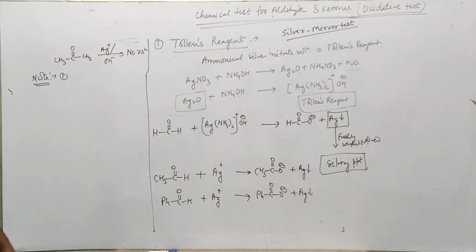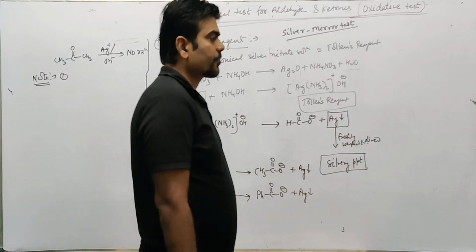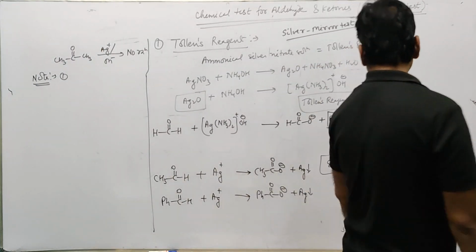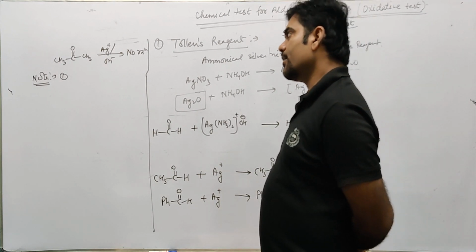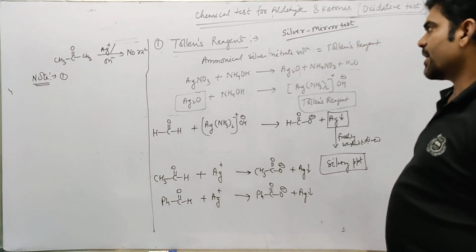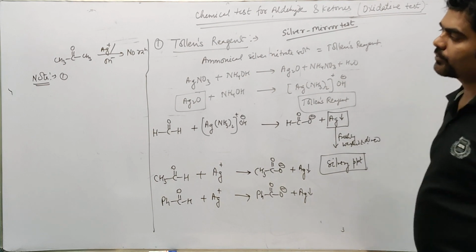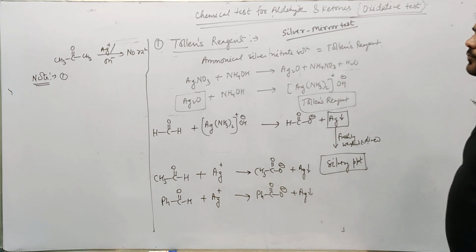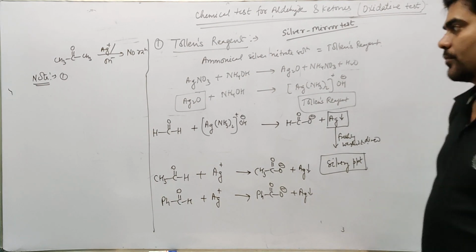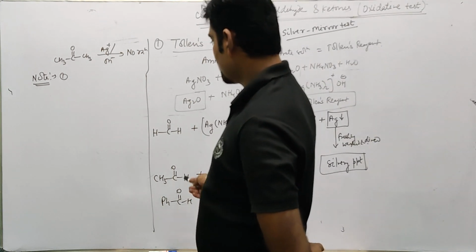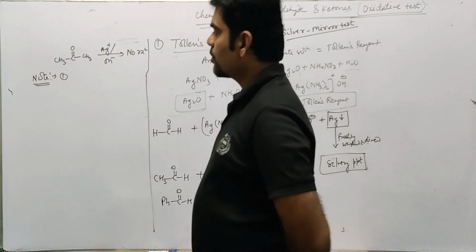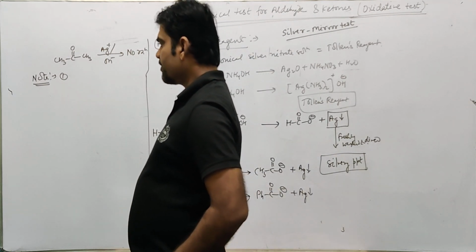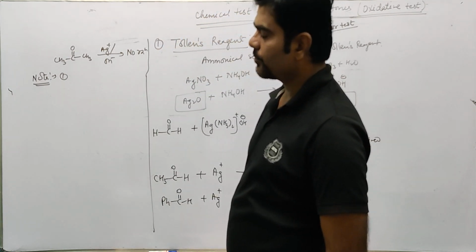Next, all aldehydes give a positive test towards Tollens reagent. All aldehydes, formaldehyde as well as aliphatic aldehyde as well as aromatic aldehyde. So all aldehydes give a positive test towards Tollens reagent.